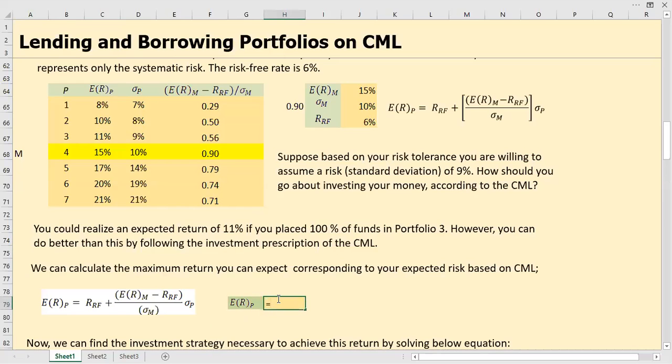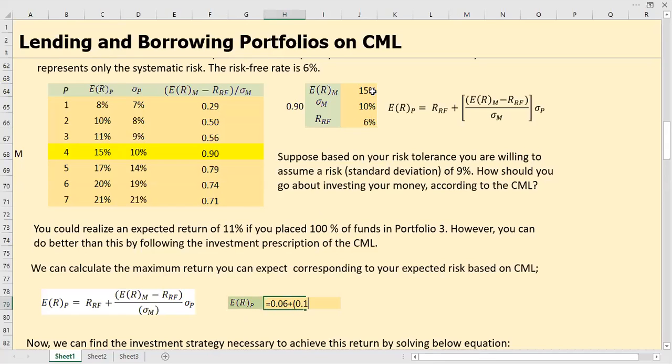So the risk-free rate we know, 0.06, it is given, plus. The middle part, we have the market expected return. Market expected return we already identified, it is 15%.